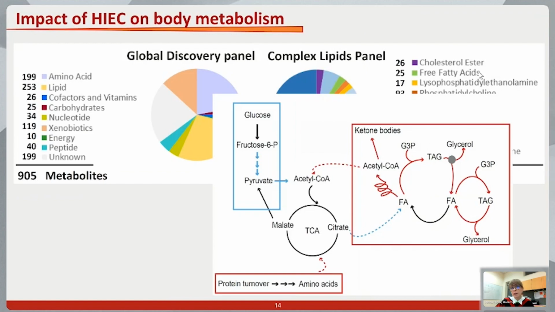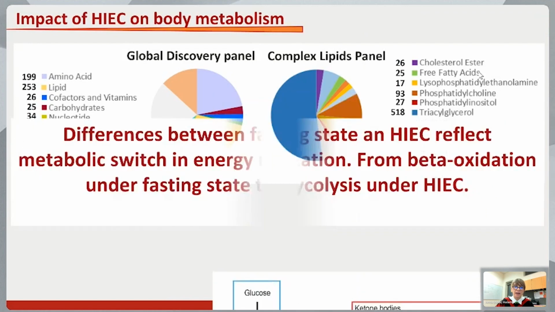What you can see here is that we found an increase in the glycolytic processes occurring under the hyperinsulinemic euglycemic clamp, in contrast to beta oxidation processes which are present under the fasting stage, observed after overnight fast.